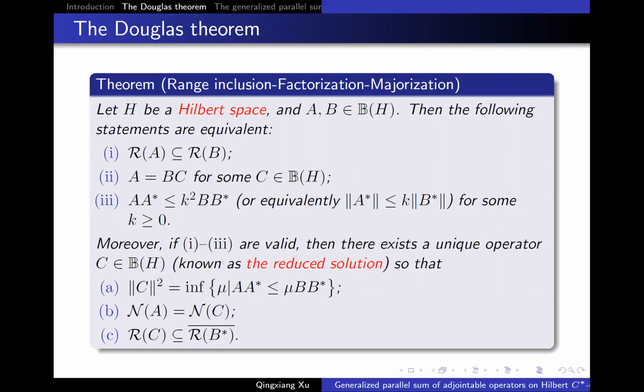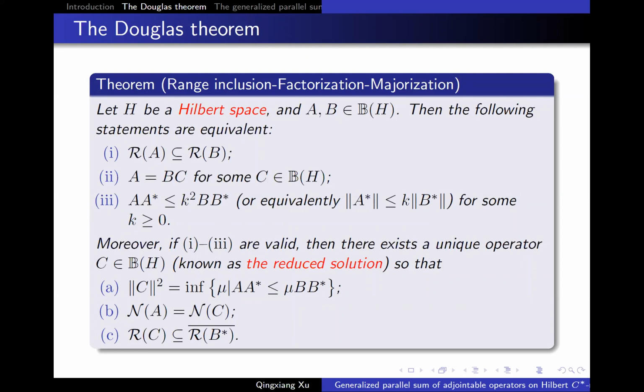The second one concerns factorization. Here A and B are fixed, and C can be changed. That is, A can be expressed as a product of B with another operator C. The third one concerns majorization. It states that the first positive operator is less than or equal to the second one.